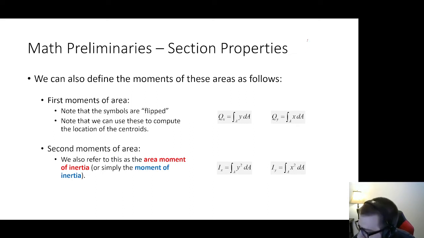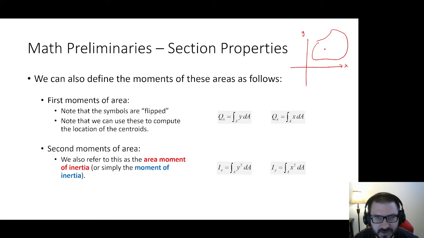So kind of the explanation for that is if this is the x-axis and this is the y-axis, and I'm talking about some region, and I'm talking about some point of interest, the distance from the x-axis, how far it is from the x-axis, is y. That's what that is. Similarly, the distance from the y-axis is x.